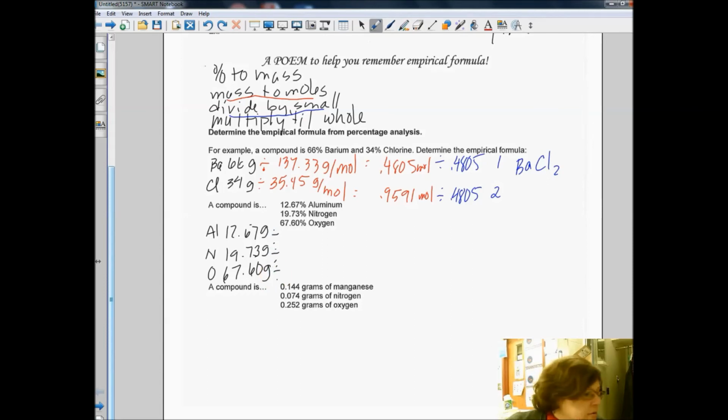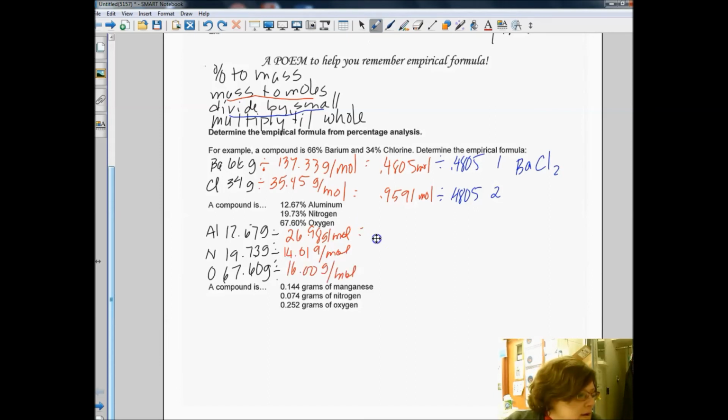I'm going to change colors. The molar mass of aluminum, 26.98 grams per mole. Nitrogen, 14.01 grams per mole. Oxygen, 16.00 grams per mole.